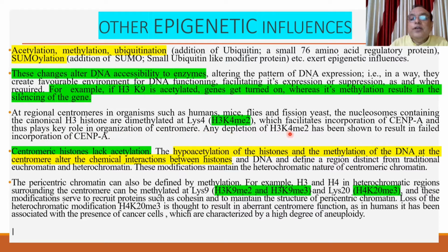Any depletion of H3K4me2 has been shown to result in the failed incorporation of CENP-A. If this H3K4me2 is depleted, if its level goes down, then it results in the failure of CENP-A attachment to the centromeric stretch of DNA, and it will ultimately lead to the malfunctioning, to the silencing of that centromere.